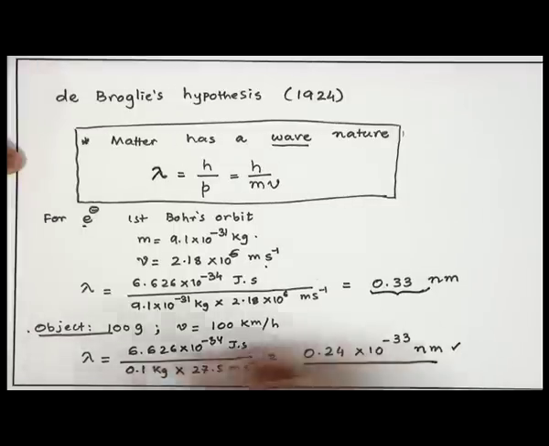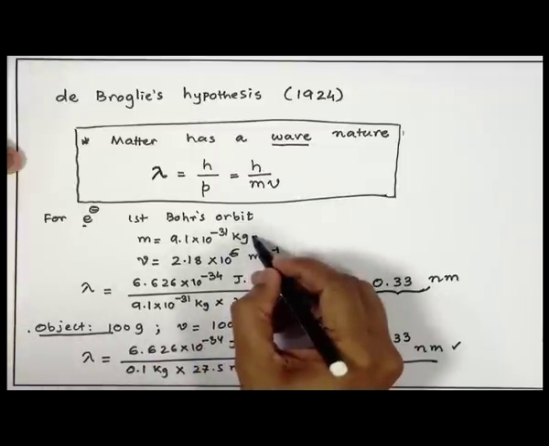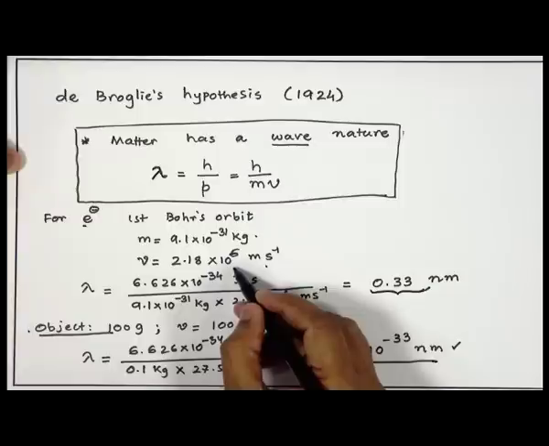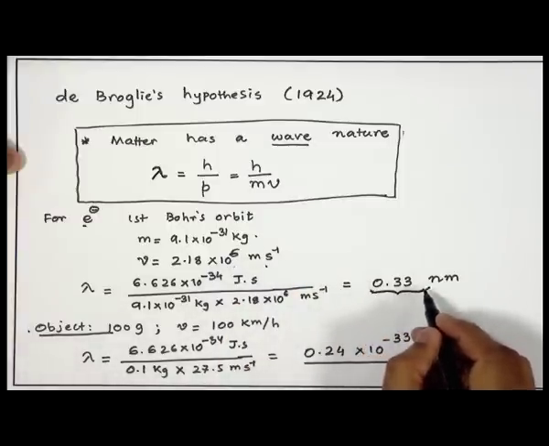So, it shows nearly particle-like behavior, but microscopic objects like electrons, where mass is very small and their speed is quite high, in those cases the wave-like property of the electron is very significant.